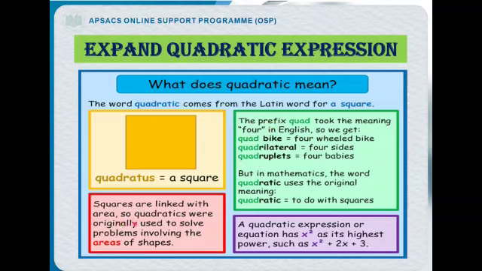So the quadratics were originally used to solve problems involving the area of shapes. Remember? A quadratic expression or equation has x square as its highest power, such as x square plus 2x plus 3. Quadratic means that an equation or the variable having its higher power is known as quadratic expression.